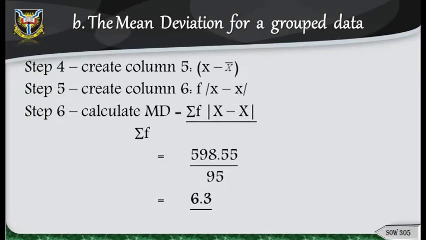Create column 5, X minus X bar. Step 5. Create column 6, F times the absolute value of X minus X bar. Step 6. Calculate MD, equal to the summation of F times the absolute value of X minus X bar, all over the summation of F, equals 598.55 over 95, which is equal to 6.3.